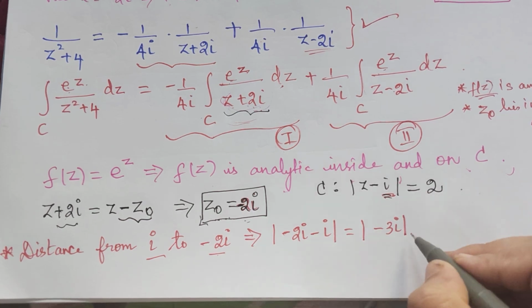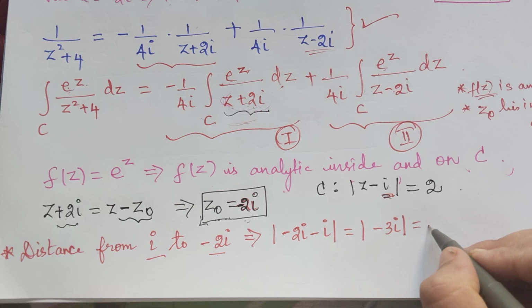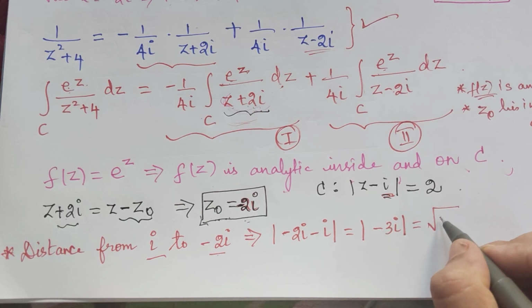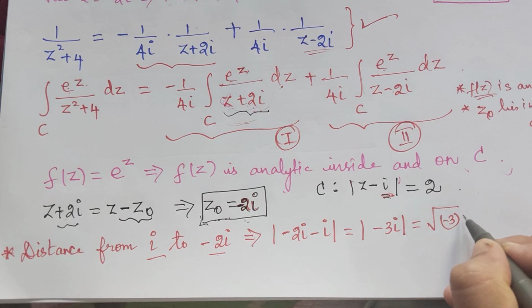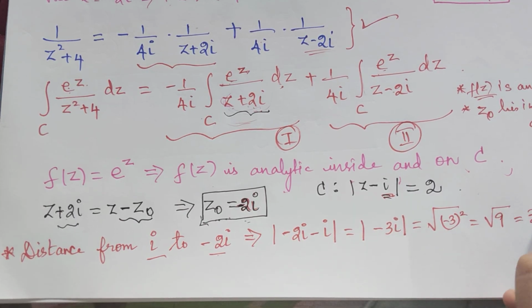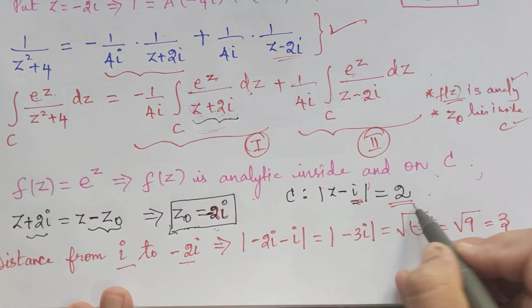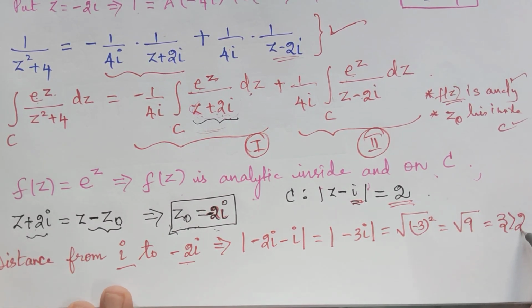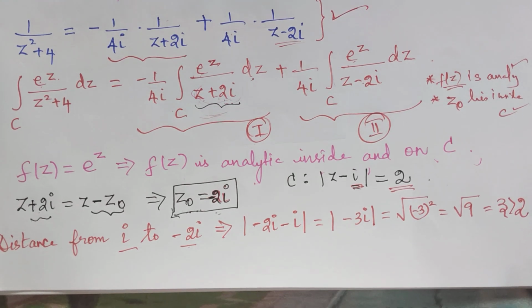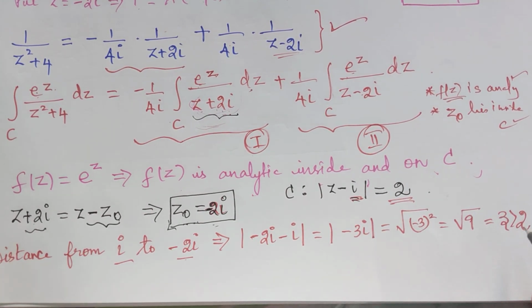What is modulus of minus 3i? The real part is 0, the imaginary part is minus 3. So it is square root of 0 squared plus minus 3 squared, that is square root of 9, which is equal to 3. And we see that 3 is greater than 2.